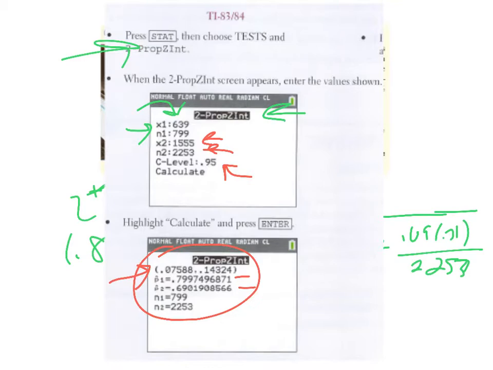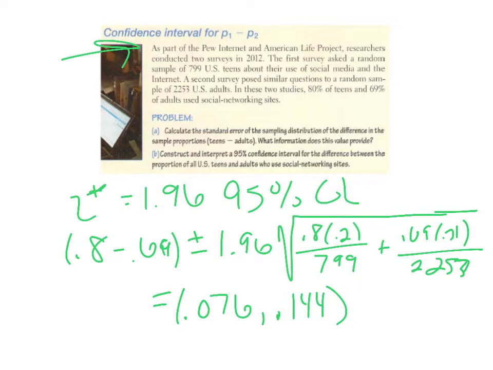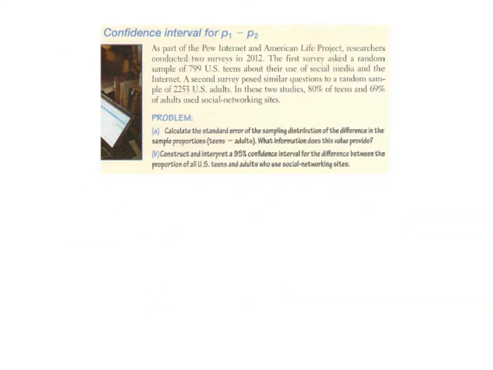And then for your final step, you would need to be sure that you do your conclude part. So for our conclusion here, we need to actually interpret the confidence interval, and it's the same interpretation as before.